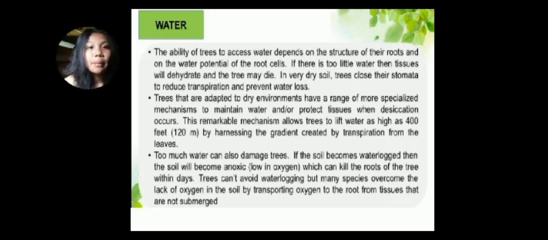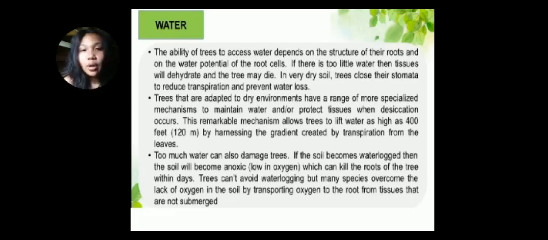Water. The ability of trees to access water depends on the structure of their roots and on the water potential of the root cells. If there is too little water, then tissues will dehydrate and the tree may die.